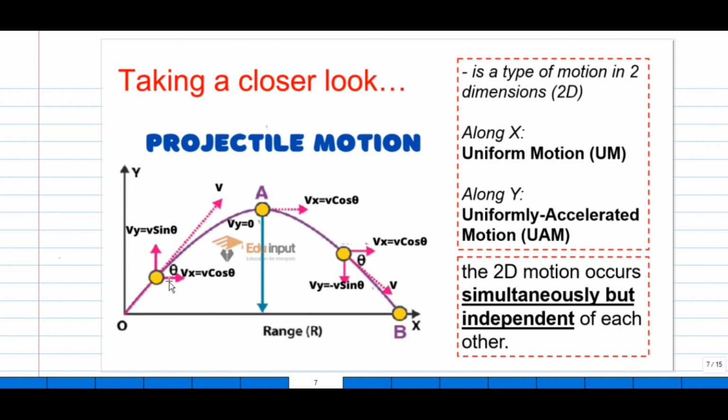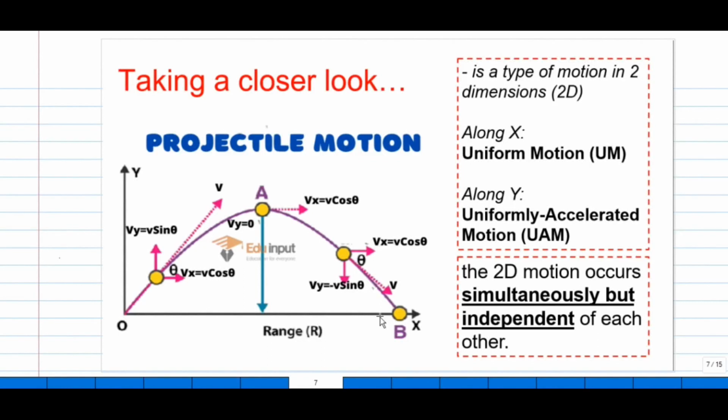The x component or the horizontal component of the velocity has nothing to do with how high the object will go. It will not determine the maximum height of the object. Rather, the x component of the velocity will determine the horizontal displacement or the range of the projectile.